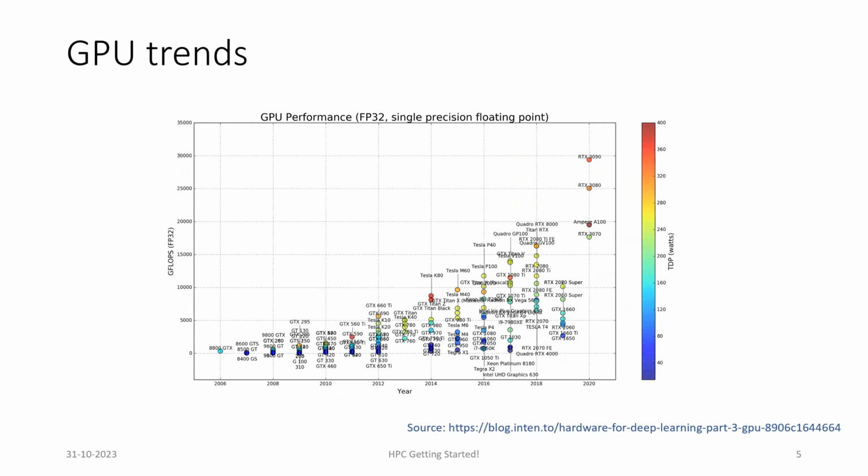And on the other end, we have the GPUs, how the GPUs have evolved over the years. On the y-axis, you see the GFLOPS, and we are looking at the single precision floating point performance only. Just one second, I see some issue here.